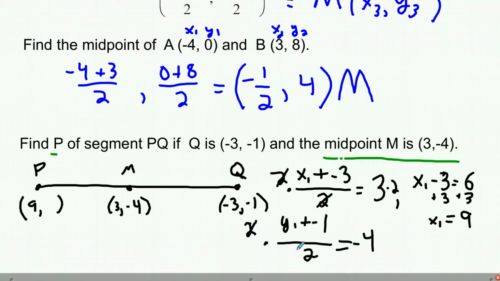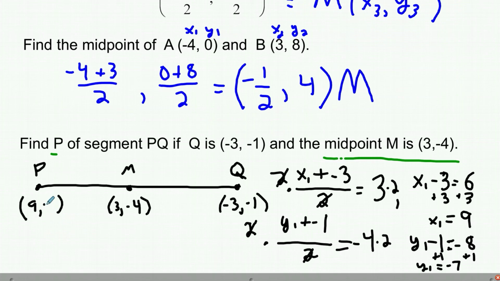Those will cross out. I do the same thing to this side, and we're left with y1 minus 1 equals -4 times 2, which is -8. I need to solve this, so I'll add 1 to both sides to get y1 by itself, and y1 is going to be -7. So there you go. My x value for this point is 9 and my y value is -7.